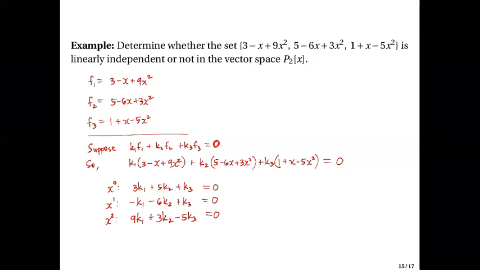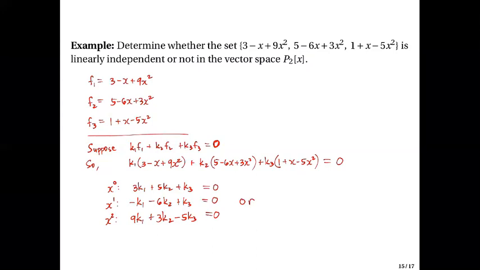So we need to solve for the values of k1, k2, and k3 that will solve this system. You have 3 unknowns, k1, k2, and k3, and you have 3 equations. So you can write this in matrix form, where the matrix of coefficients is a square matrix.